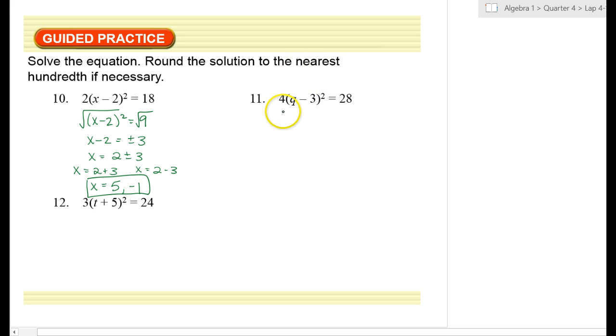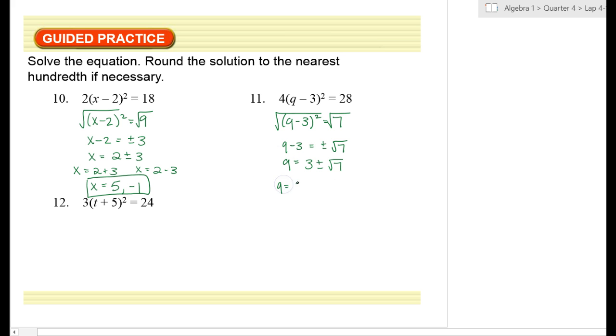Number 11. I divide by 4. Q minus 3 squared is equal to 7. I take the square root of both sides. So I get q minus 3 is equal to plus and minus the square root of 7. So q is equal to 3 plus and minus the square root of 7.